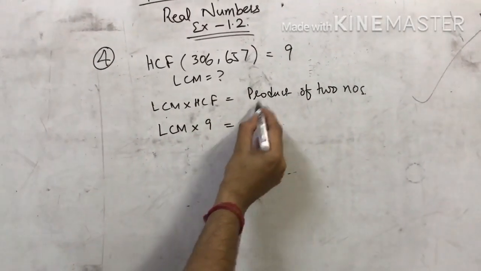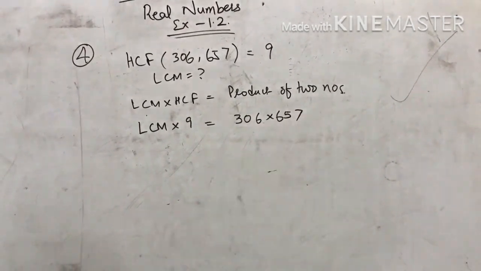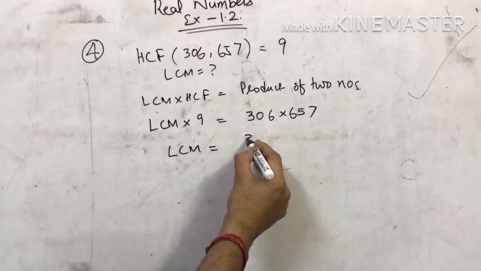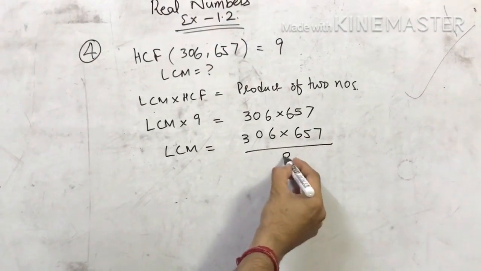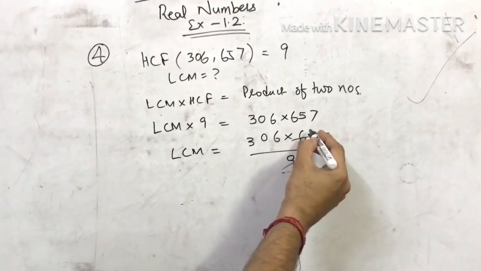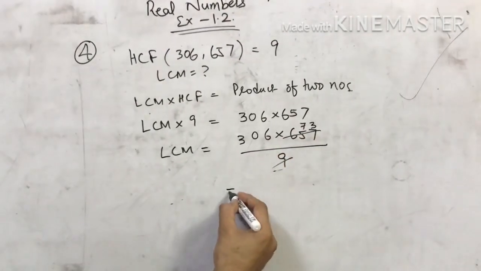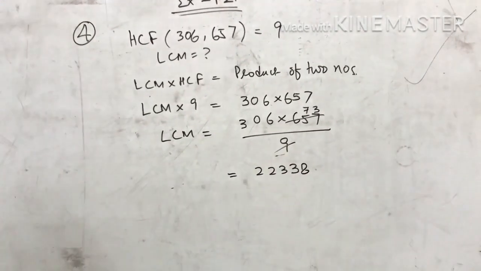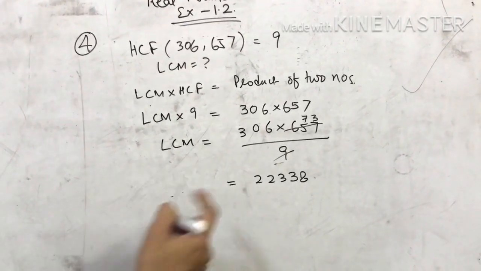HCF is 9. Product of two numbers is 306 into 657. To find LCM, you can take this 9 and divide there. Then multiply these two numbers. You will get 22,338. So this is the answer for LCM.